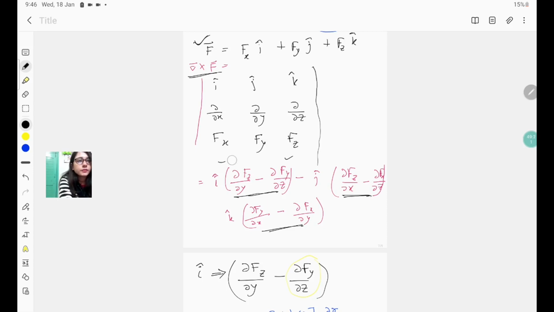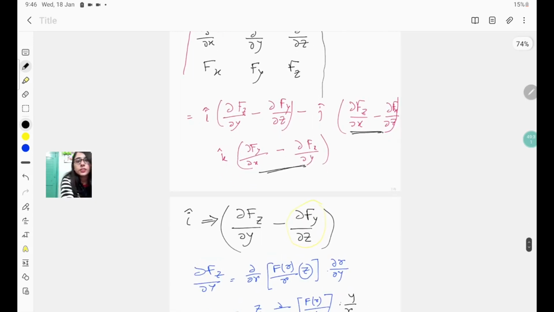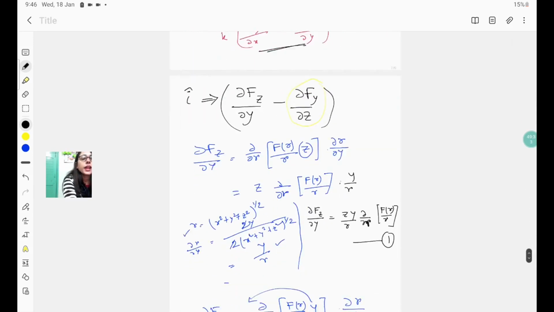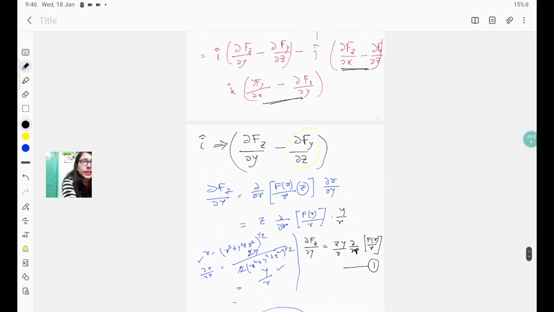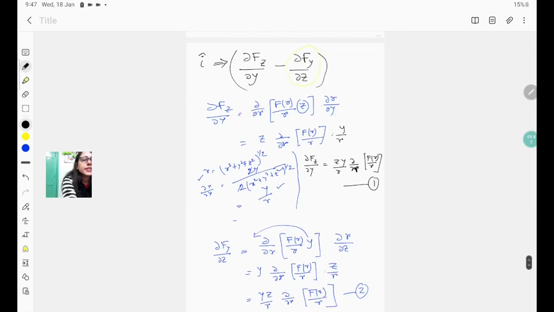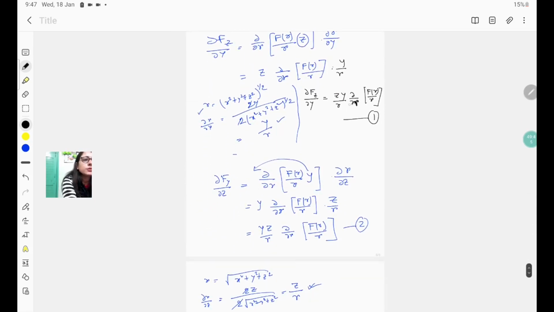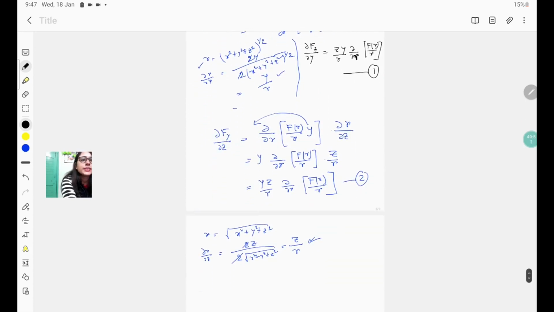We just find the values of these two to calculate the coefficient of I cap, and the coefficient of I cap becomes this. That is, del fz by del y is equal to this one, zy by r, del r of this, and this del fy by del z is equal to this one, yz by r into del r of this.